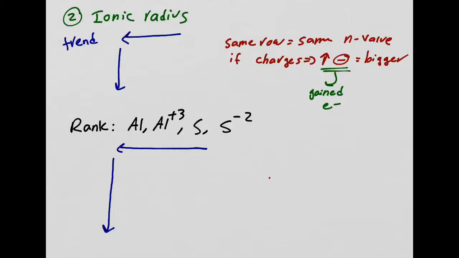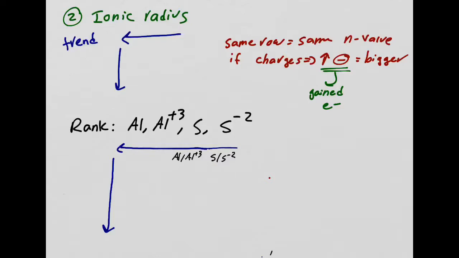If I do that, I'm going to look at the periodic table. Aluminum, again, you have to put them relative to each other, and then sulfur is more over here. Okay, let me draw this down. Now, here's the thing. These are all on the same row.